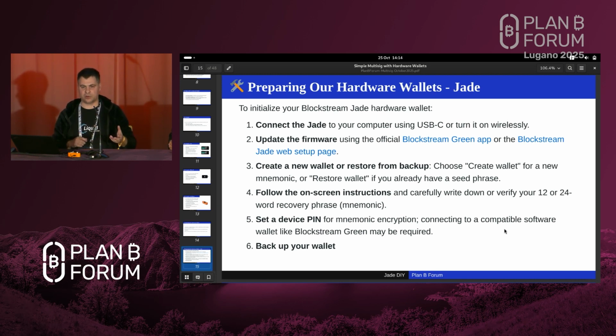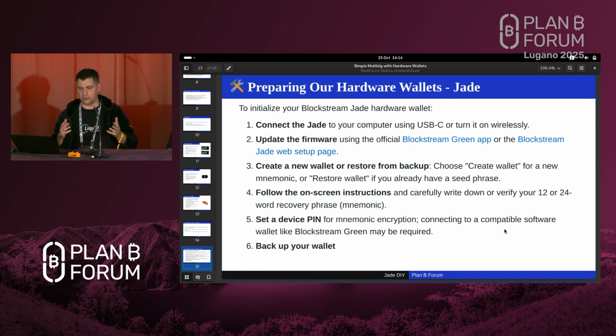On some hardware wallets, you can download the firmware, put it on a USB stick and attach it to Jade. Then you need to create a new wallet or restore from your backup.